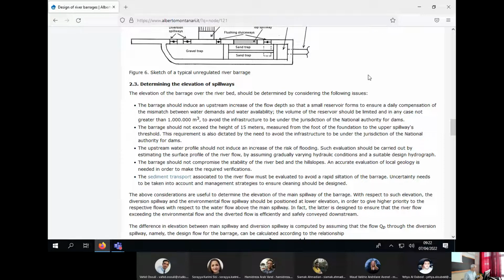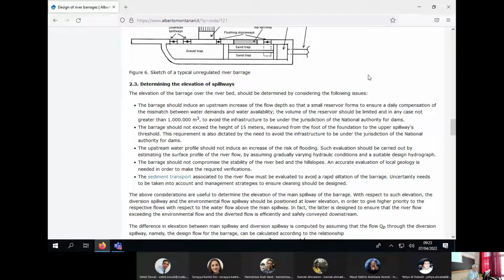On the other hand, if you have an infiltration of water into the foot of the hill slopes, this may undermine the stability. So a proper geological assessment is needed in order to check the implication of building the barrage in terms of stability of the hill slopes and the riverbed.